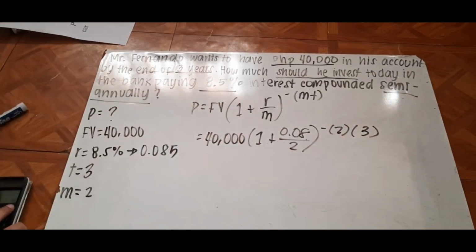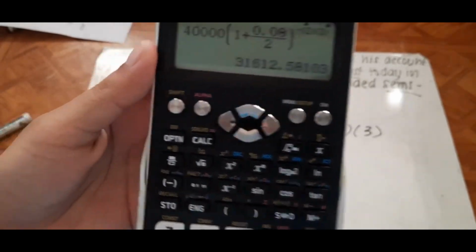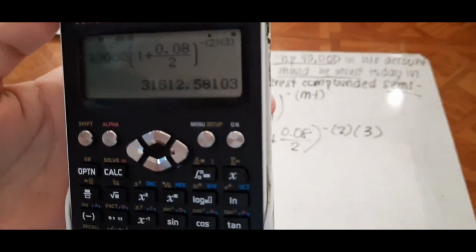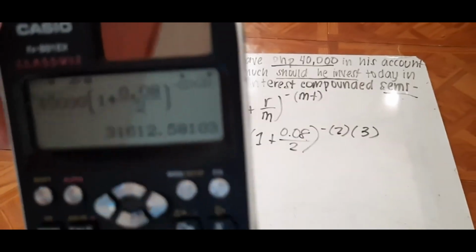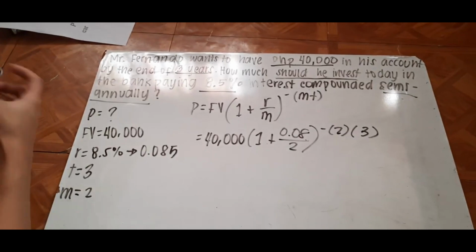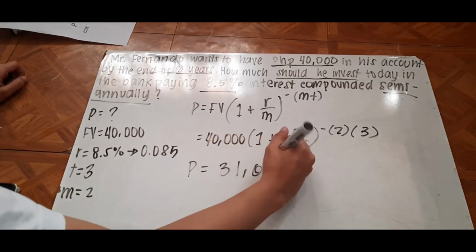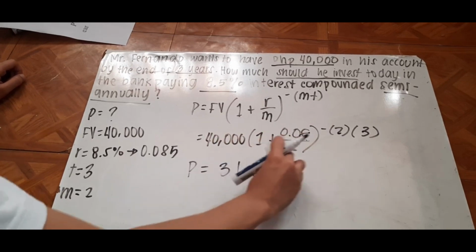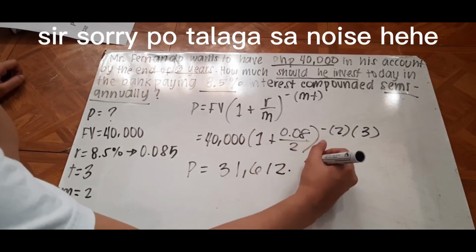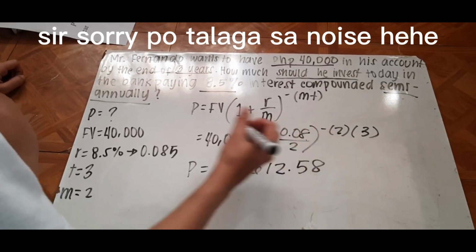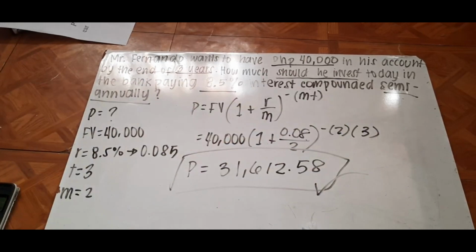So let's put that in the calculator. So here, the answer would be 31,612.58. So this is the final answer.